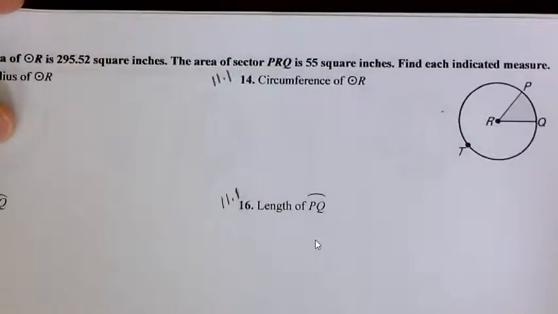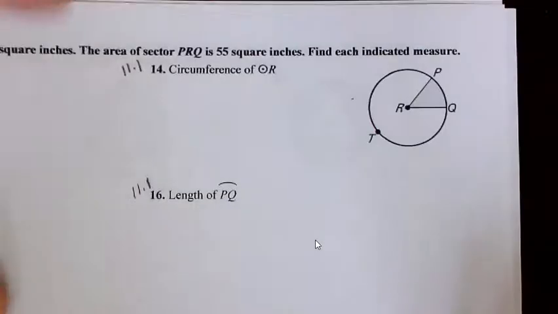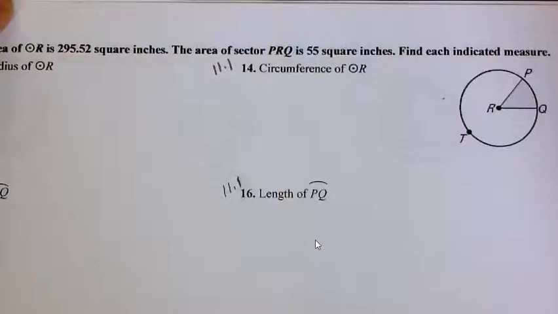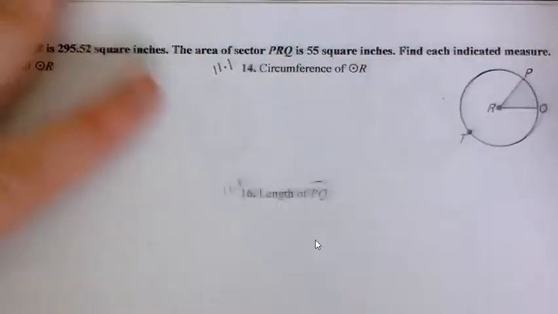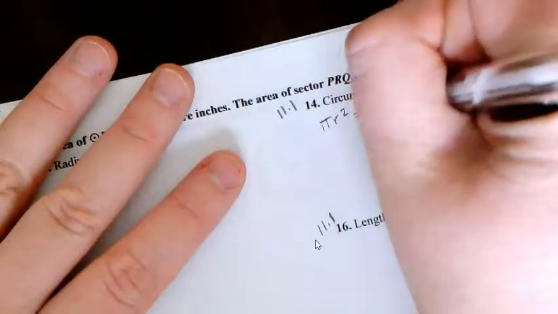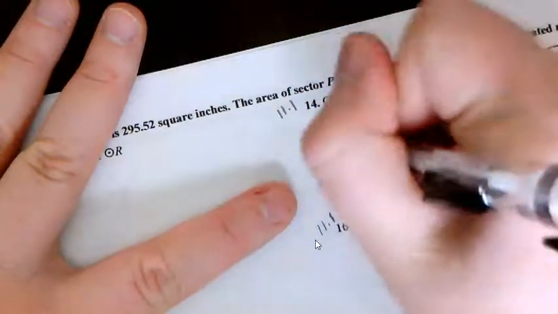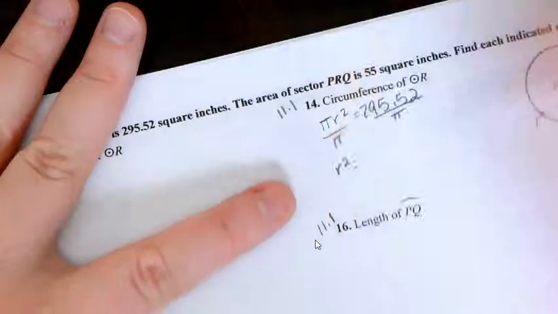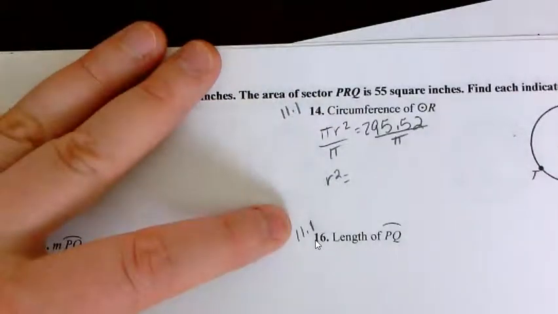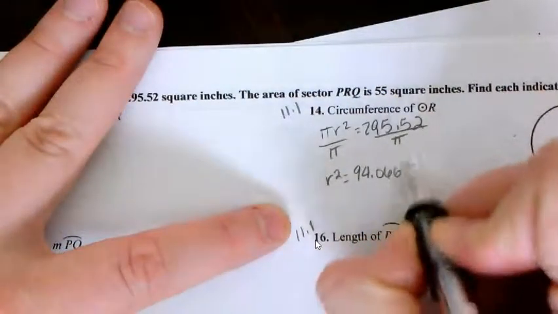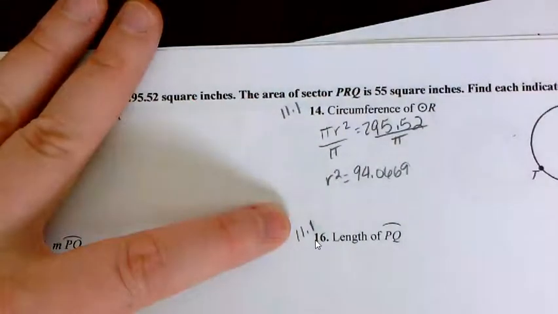On the second page, the 4 questions that deal with 11.1 are 14, 16, 17, and 18. In order to do 14, you have to find the radius. I'm going to do this twice, here and then again in the 11.2 section. The original problem tells me that 295.52 square inches equals the area of the total circle. So pi r squared equals 295.52, divided by pi, radius squared equals 94.0669, and take the square root of that.